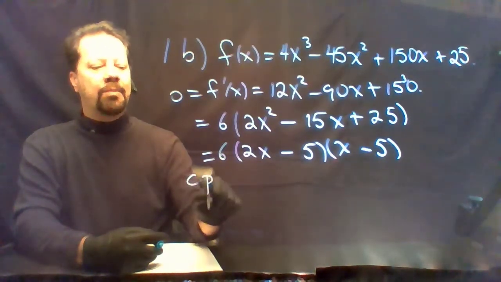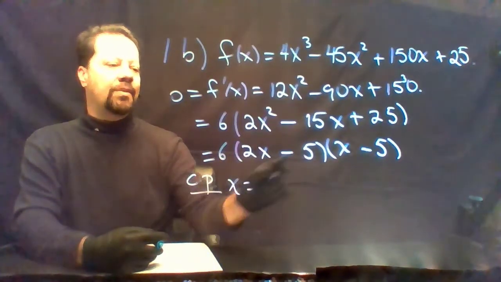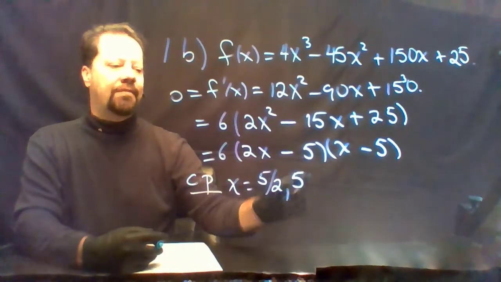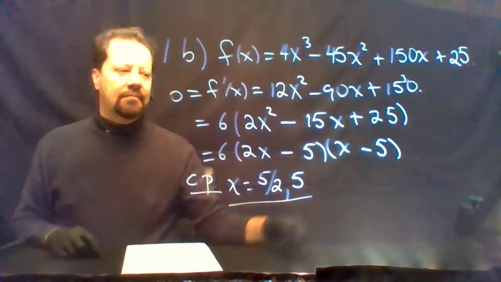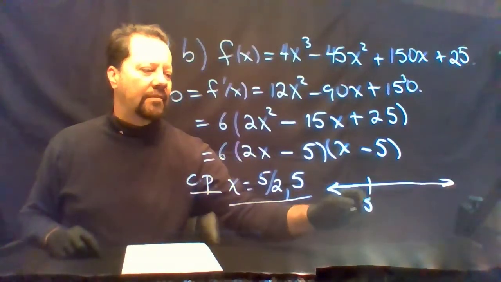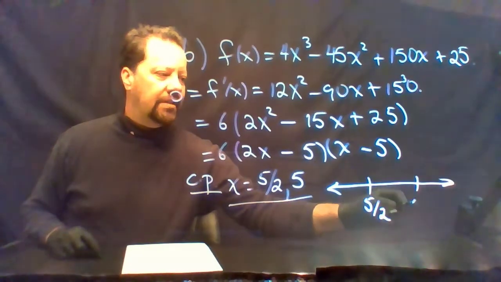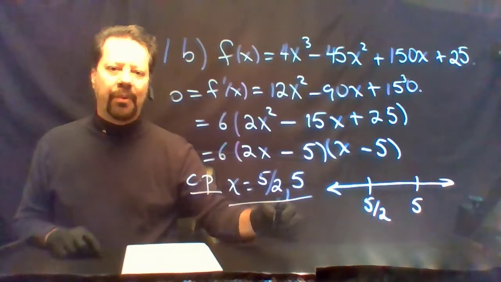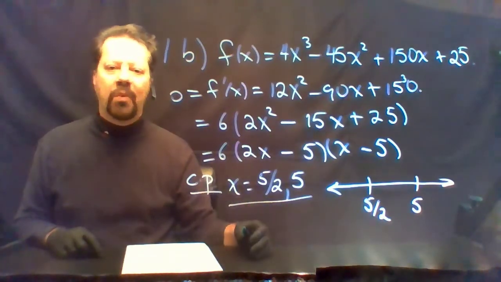So the critical points are x equals 5/2 and x equals 5. Plotting these on a number line, remember, don't clutter your number line with hash marks. Use only the critical points or in other problems, points not in the domain.